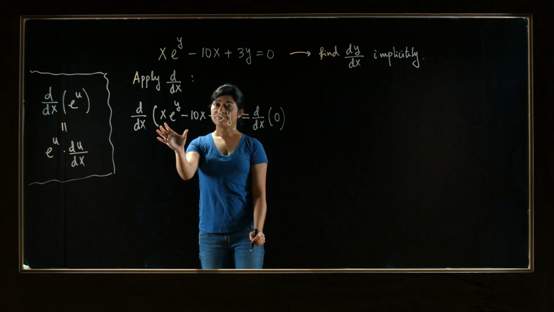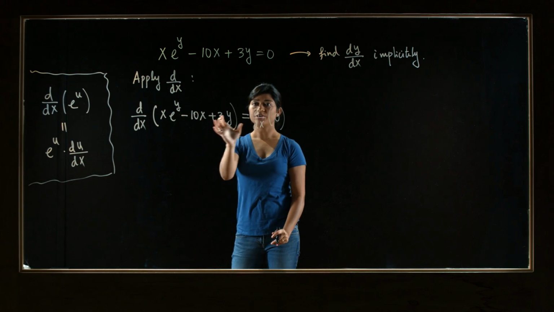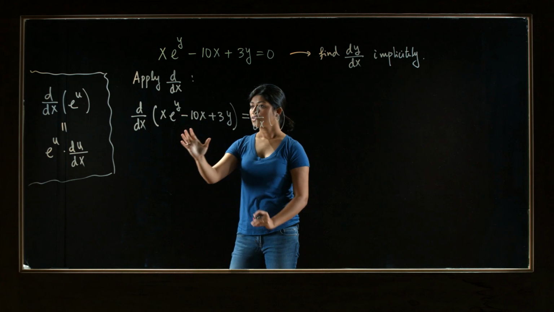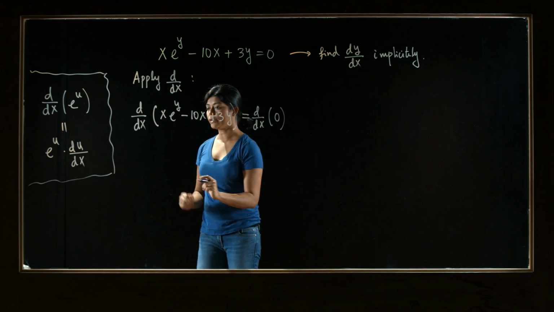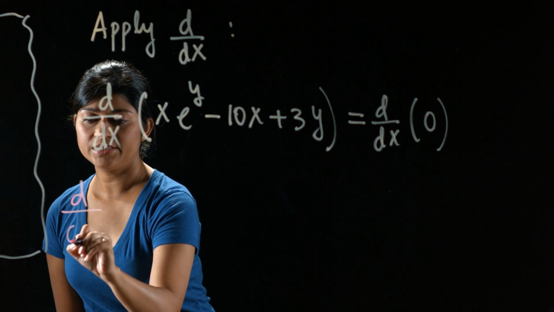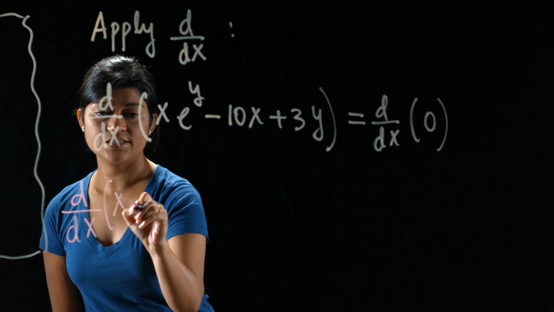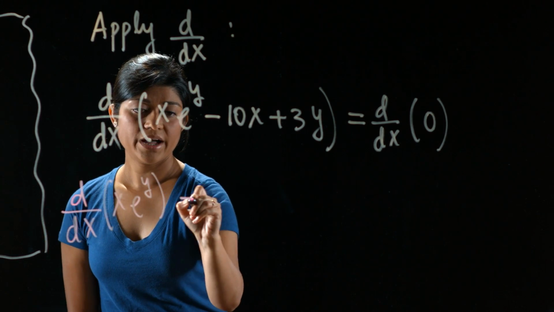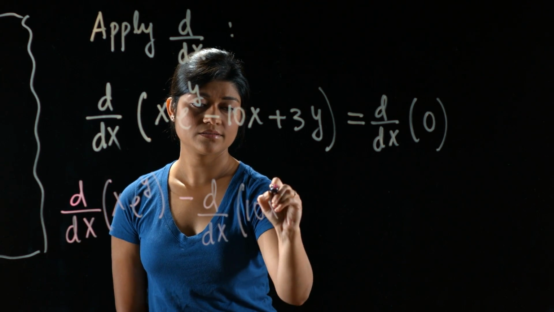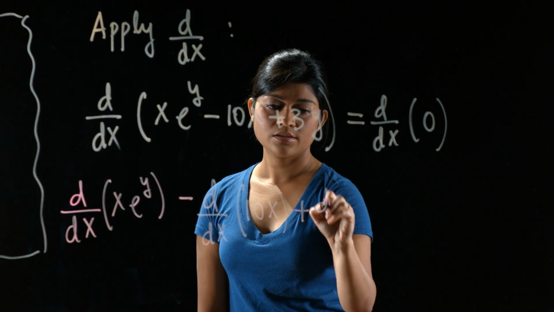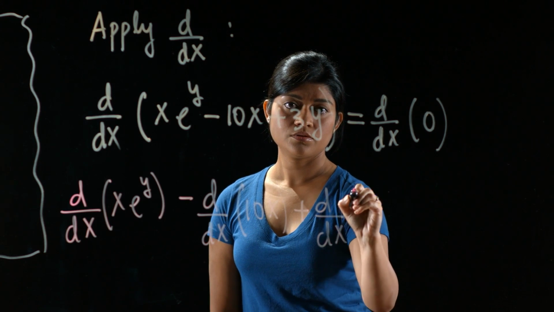For the left-hand side, there are 3 expressions, all added together. So let's separate it into the derivative of each one added together. So we will have d dx of x e to the y minus d dx of 10x plus d dx of 3y.